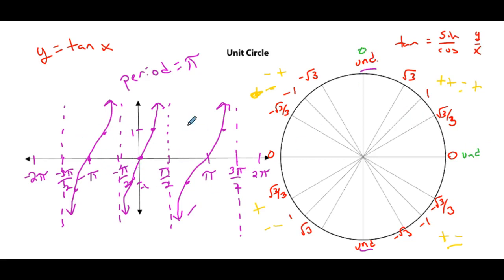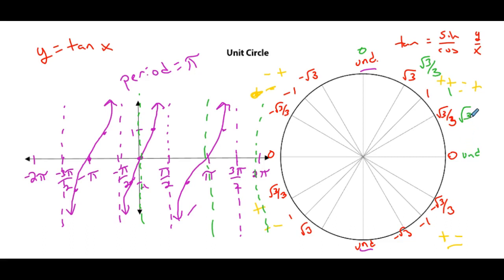So this all just kind of changes, and we have an asymptote here, and an asymptote here, and an asymptote here, right? And its positive and negative aspects stay the same. So on this first phase, it's going to be negative.